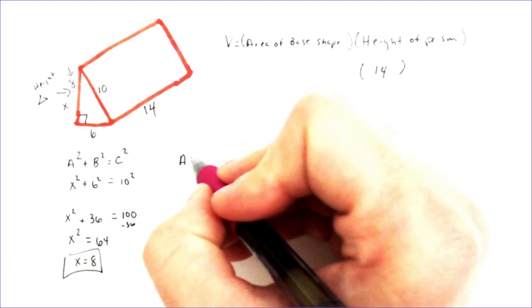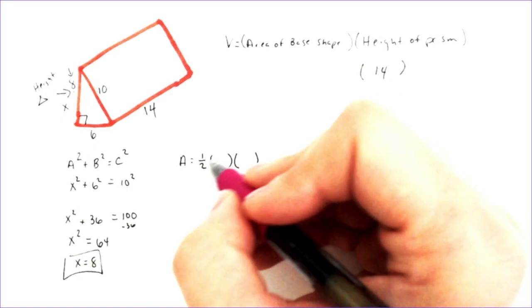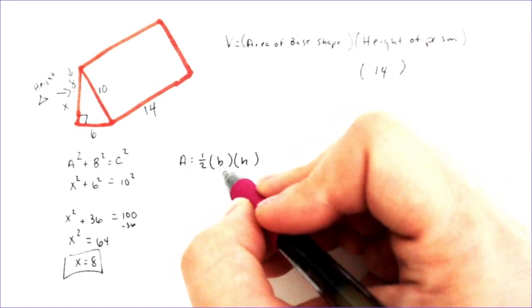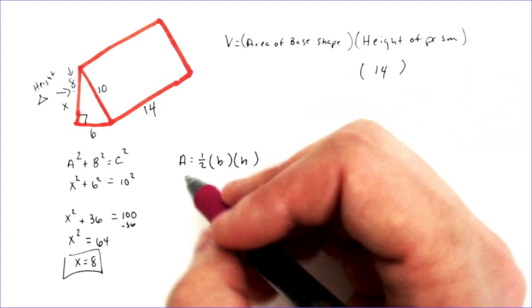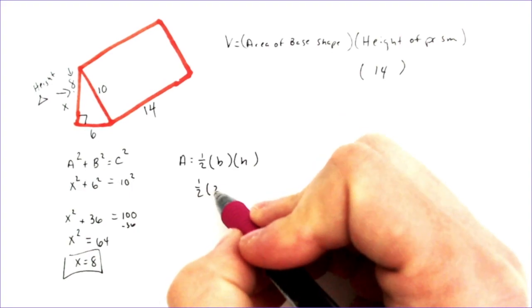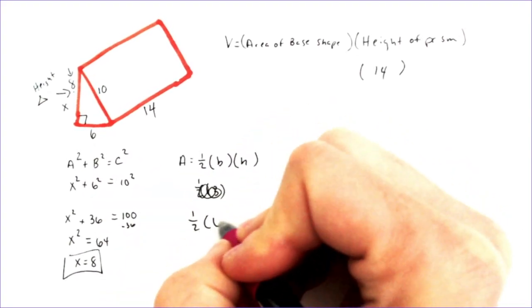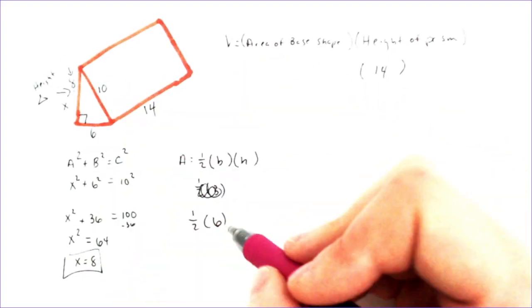So we need to find the area of that triangle. The area of the triangle, and of any triangle, is 1/2 the base of the triangle times the height of the triangle. Base of triangle, height of triangle, not base shape, not height of prism. Base of triangle is the 6. Height of the triangle is going to be 8.